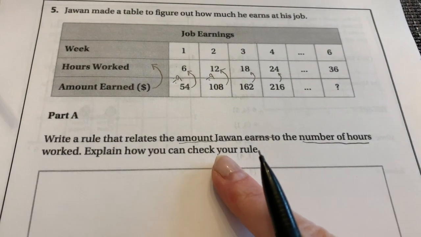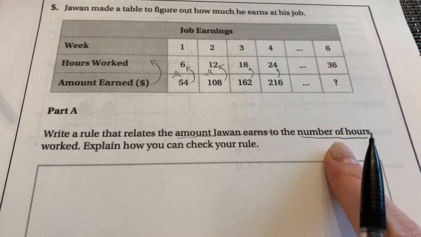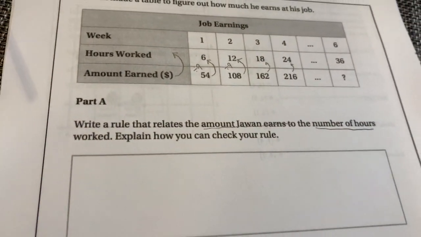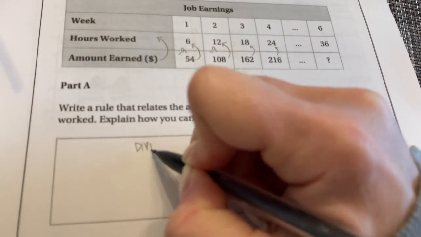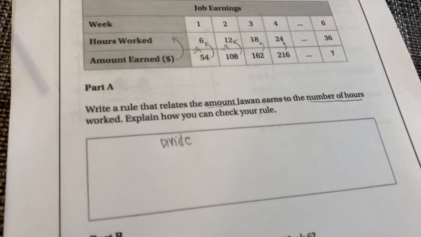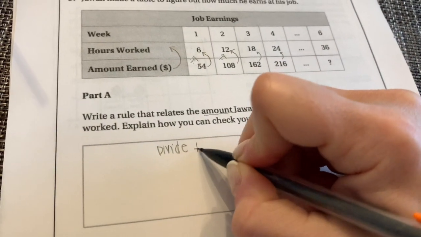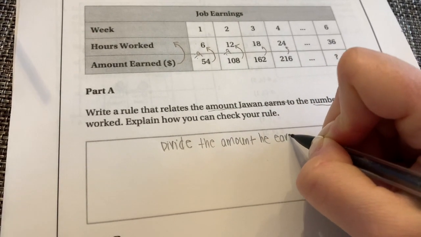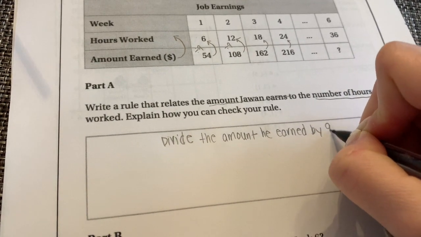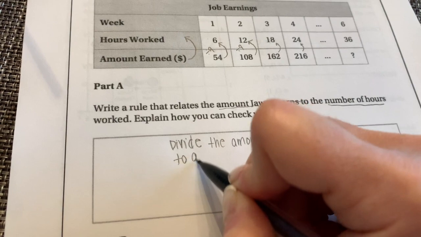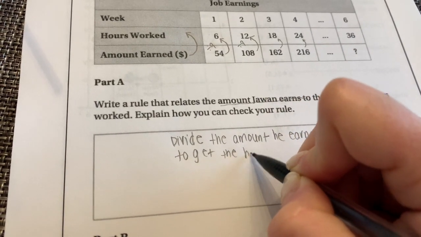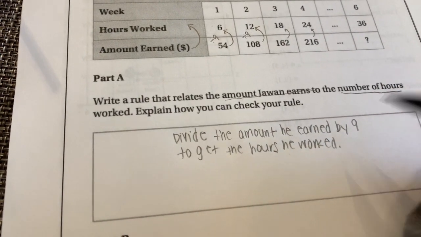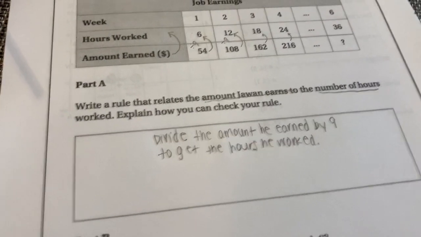So, to relate the amount that he earns to the number of hours he worked, we can say, as a sentence, divide the amount he earned by 9 to get the hours he worked. Okay? Make sure you don't just write divide by 9 here.